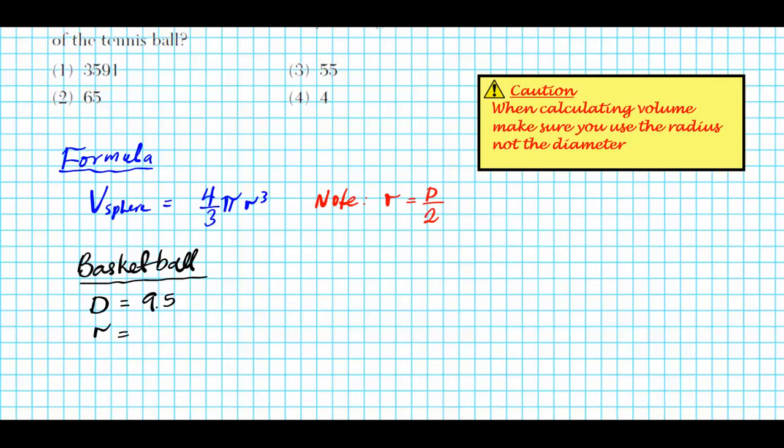So you can use your calculator to divide 9.5 by 2, and you end up with 4.75. So the volume of the basketball is going to be 4/3 pi times the radius, 4.75, raised to the third power, following this formula that we wrote up here. Let's plug this into the calculator and see what we get.